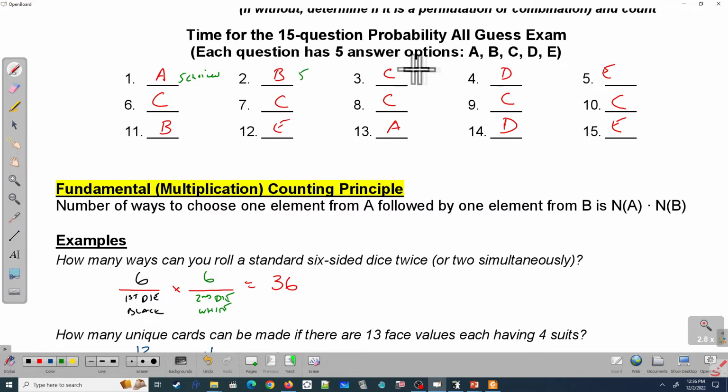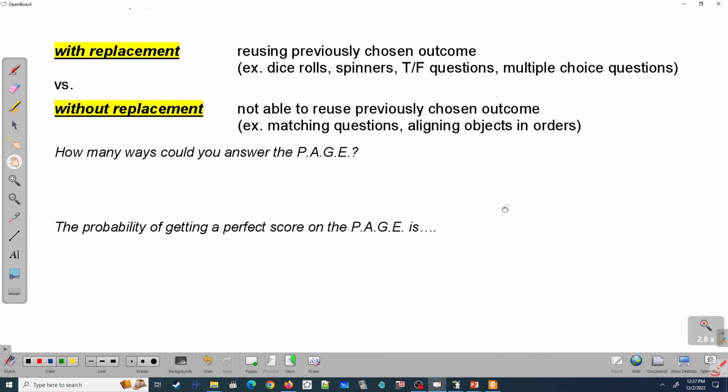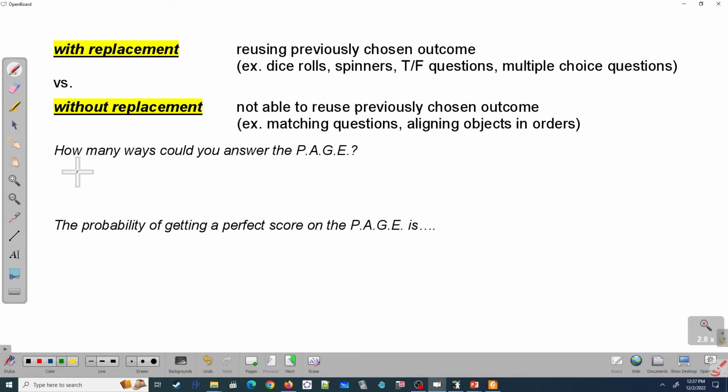This one had 5. This one had 5. And so if I was actually figuring out how many ways could I have answered this test purely by random happenstance, it would have been 5 times 5 times 5 times 5 times 5, and that would have just been the first row, times another 5, 5, 5, 5, 5, followed by another 5 times 5 times 5 times 5 times 5.